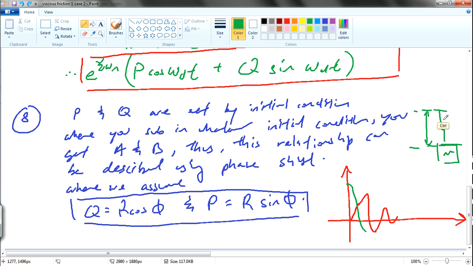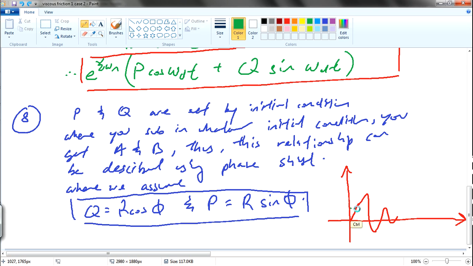Sorry, I didn't draw it properly. So the initial mass position is here, and when you pull it down and release, it oscillates back up. We assume the initial condition is not zero, but rather that we start from here, when it's moving, or maybe here, or wherever.